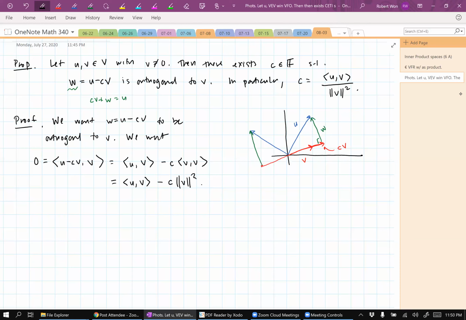Right, so since the length of v squared is not 0, since v is not 0, that means that c is equal to the inner product of u and v divided by the length of v squared.